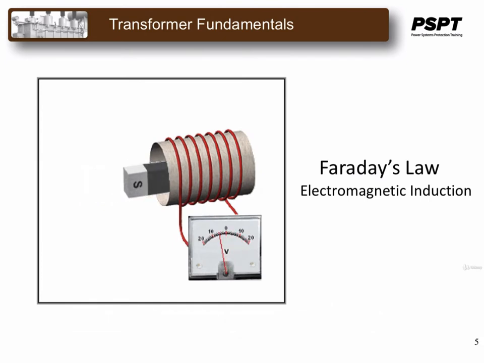We will also be reviewing the laws associated with electromagnetism, such as Faraday's law and Lenz's law, and how changing magnetic flux lines around a coil will induce voltages and currents in a coil.